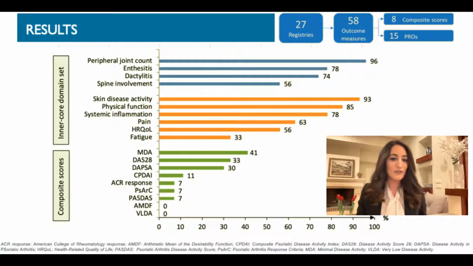So overall, our study puts a light on an important heterogeneity in the assessment of disease activity in psoriatic arthritis. We found that peripheral joints and skin involvement were the only domains which were almost systematically assessed. And this probably indicates that at least on these domains, there is consensus on the scores to use.